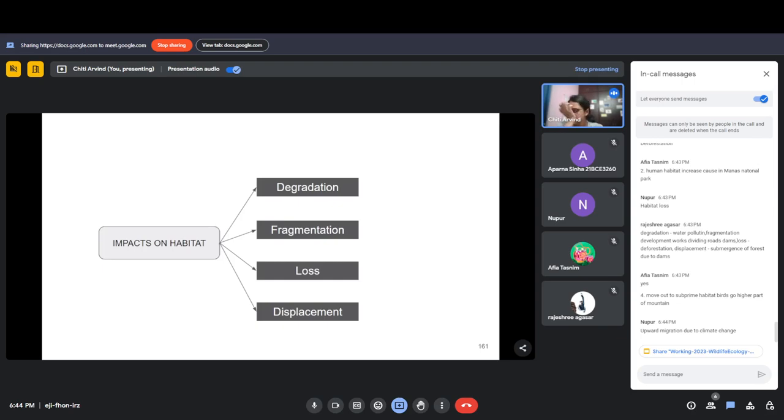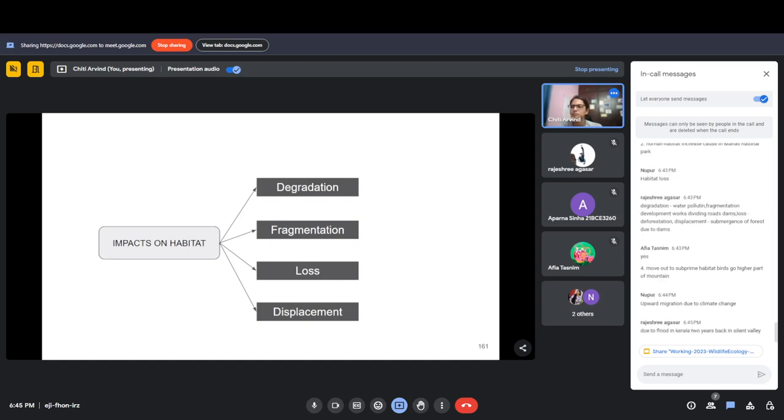But displacement is when suppose some area is going to be cleared and an entire bunch of animals are shifted from one area to another area, so they get displaced from their original habitat and then get put into another habitat. Okay, what happened, Rajeshri, in the flood?